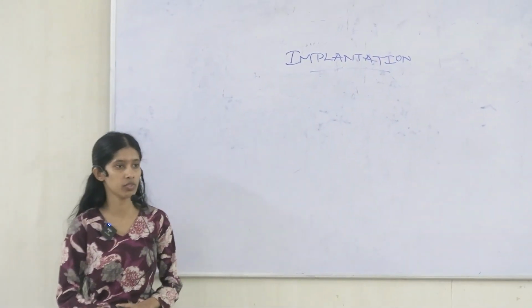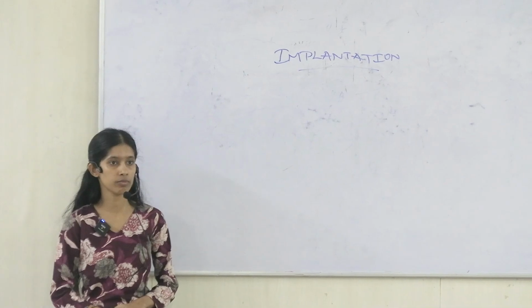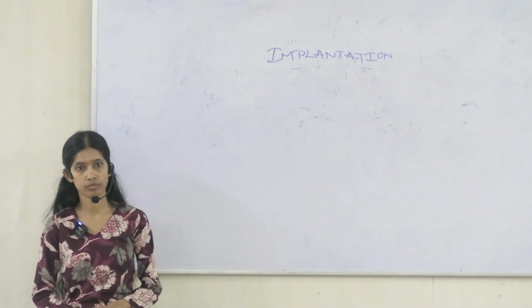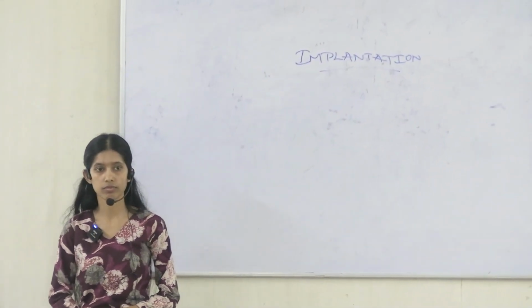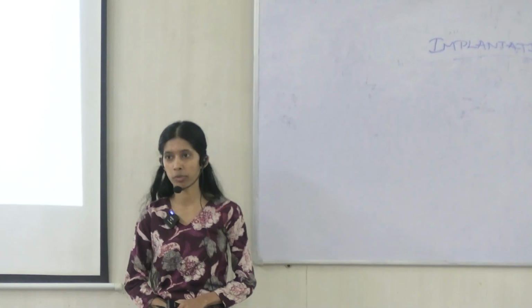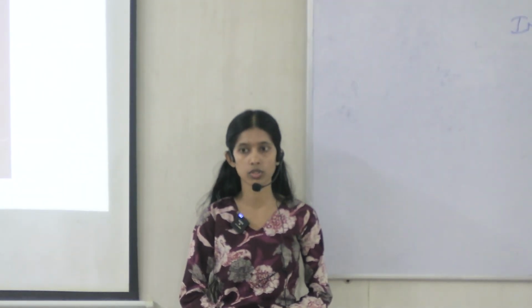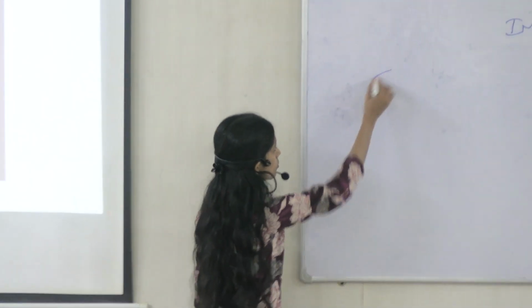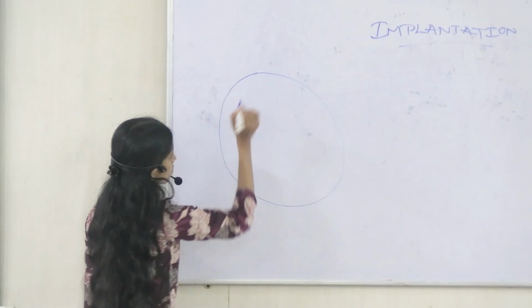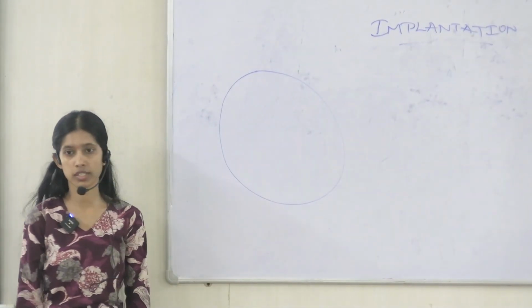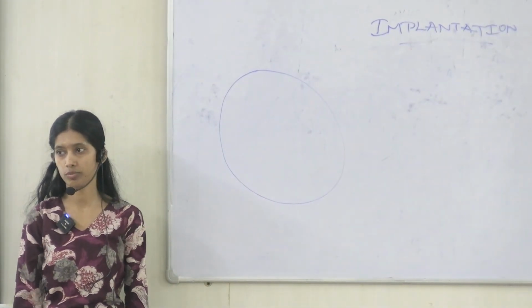So, what are the events we have seen in the cleavage process? What about the blastocyst formation? How will the structure of blastocyst appear? What are the structures we can see here?